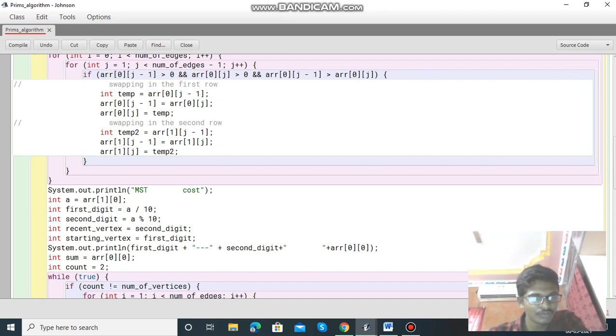Swapping in the second row: int temp equals array of 1 j minus 1, array of 1 j minus 1 equals array of 1 j, array of 1 j equals temp.